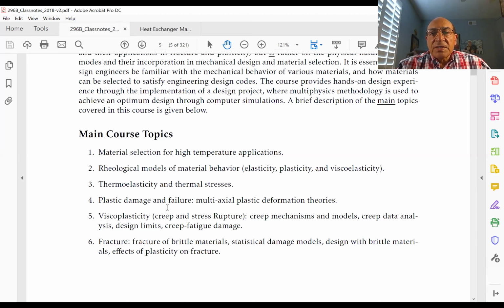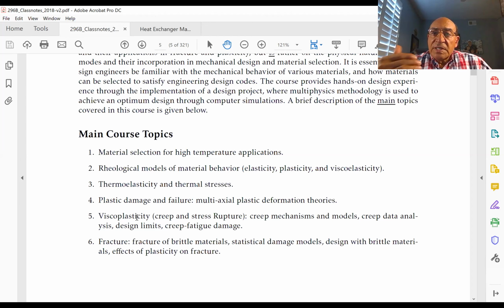We will focus on what we call limit analysis, where we would be able to develop closed form solutions for problems that can be described as elastic, perfectly plastic, where there's no hardening, and it gives us analytical solutions, bending, for example, or stretching of a rod.